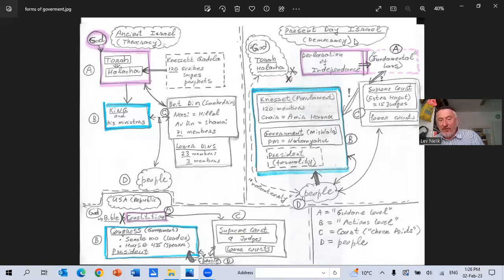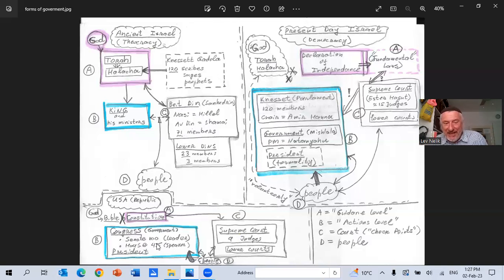a present Israel democracy. I call this U.S. republic, but it's similar to democracy. Under the B, the action level, it's a Congress, the government, with the Senate and the House of Representatives, and the president, and that basically is the body, the upper ones, and then lower state entities that basically run day-to-day activities.